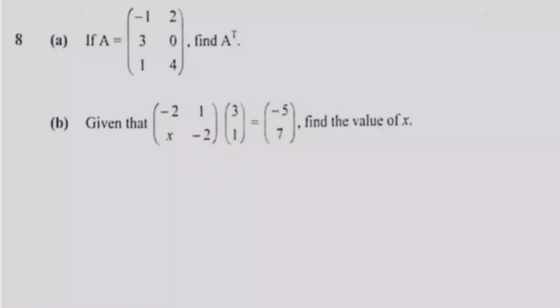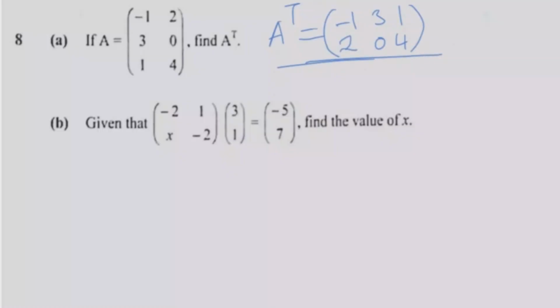So matrix A transpose is equal to, let me open the bracket first, then we have negative 1, 3, 1, then 2, 0, 4, like that. Now that is the transpose.